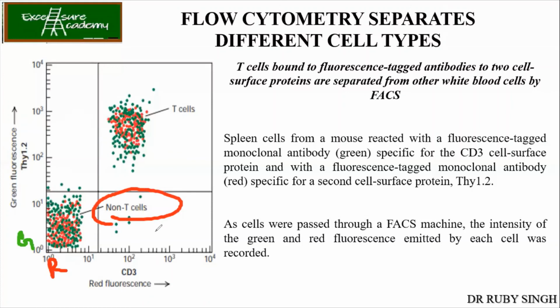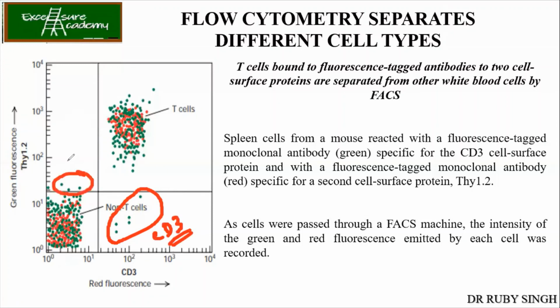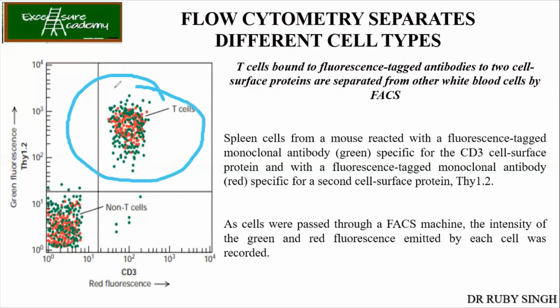Okay. Now, as we keep on seeing the increase in the red fluorescence, we saw that there are few cells which show only CD3 specific fluorescence. Here we saw Thy 1.2 specific fluorescence. Now, if you see the other quadrant over here, we see that we got high expression of the green as well as the red fluorescence.